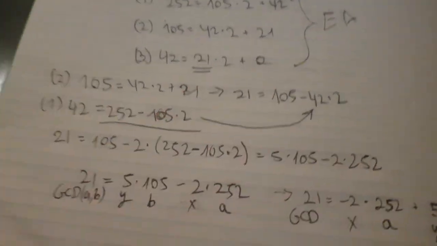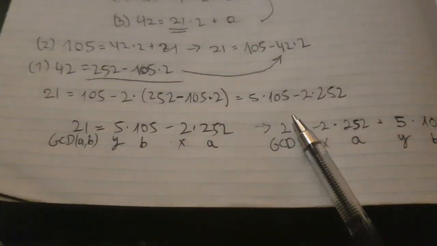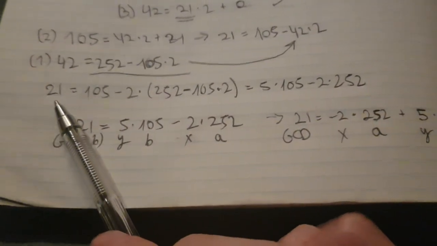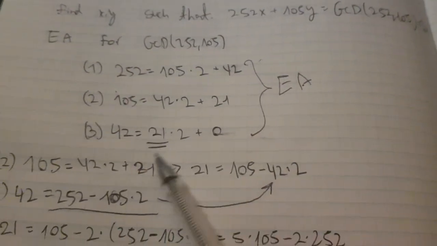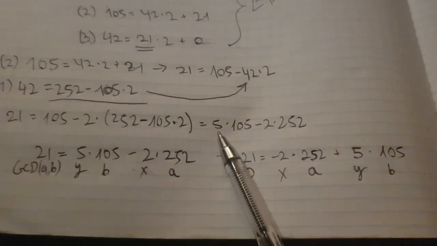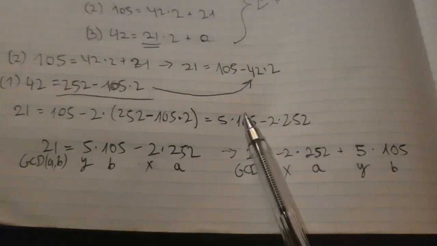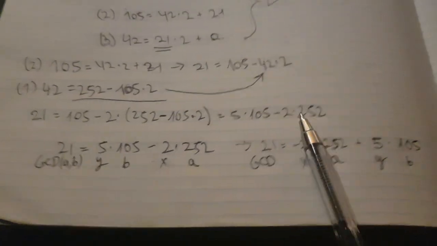So this is what we get. And now let's organize this a bit. On this side there is the 21, which is the GCD of A and B, and on the other side, we have 5 times B minus 2 times our A.